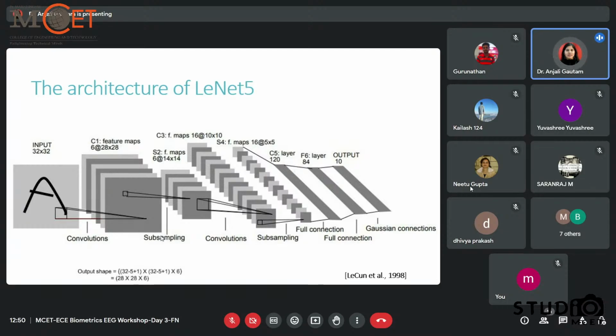The formula is given here: 32 minus 5, plus 1 for the bias factor. Finally it comes out to 28 cross 28. And just see, 6 is given here; 6 indicates that 6 kernels have been used.